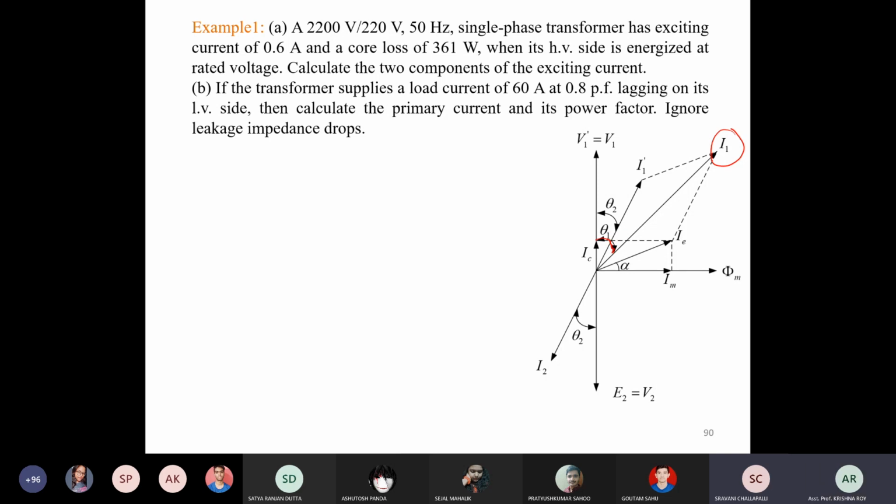Okay, so if IE and I1 dash are known, after calculating I1 dash from I2, how to calculate I1? Any idea?